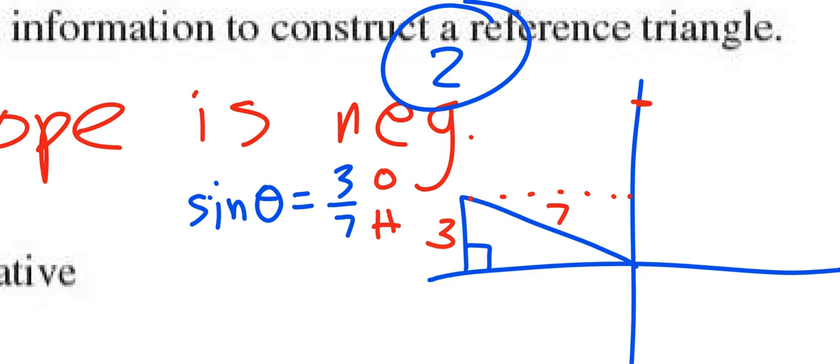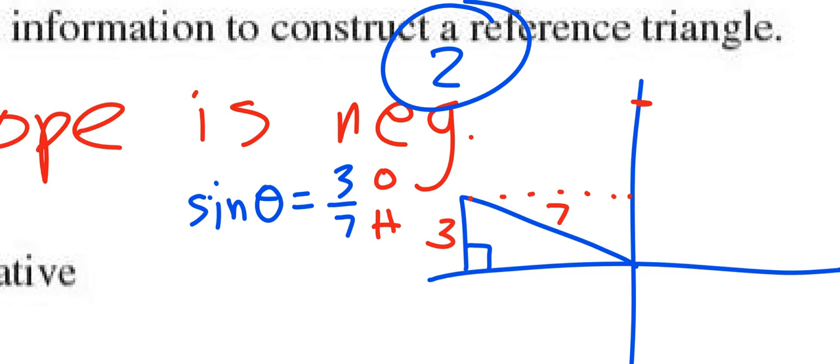It is in quadrant 2, so you were going along with the same idea. There's no way I could have a positive 3/7 if one of these was negative and the other one was positive. That's another reason why I know either both of them are positive or both negative. So the hypotenuse is always going to be a positive number. If you want to write that down, write it down. The hypotenuse is always positive. It's these other two sides of the triangle that I have to think about.